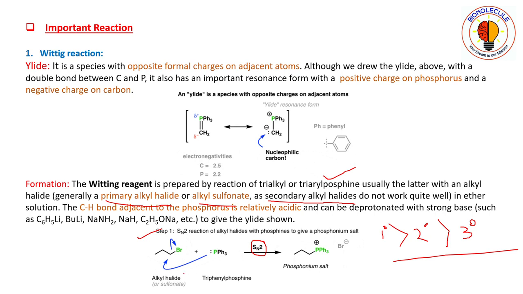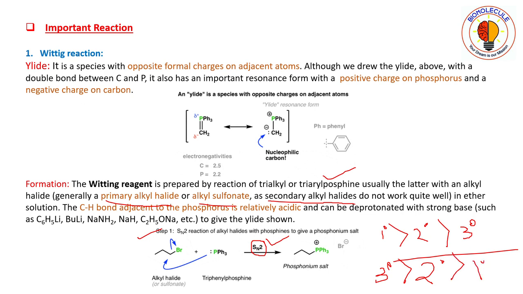So if we look over here, primary alkyl halides are less sterically hindered as compared to secondary alkyl halides. So primary alkyl halides will have higher reactivity compared to secondary alkyl halides in SN2 reaction. Okay, if it was an SN1 reaction, then the trend would have been tertiary alkyl halide, then secondary, then primary.